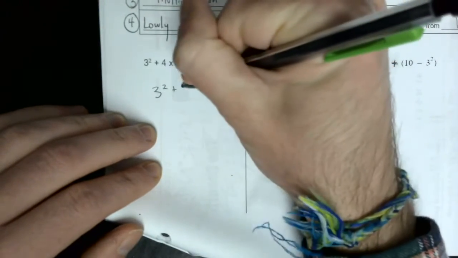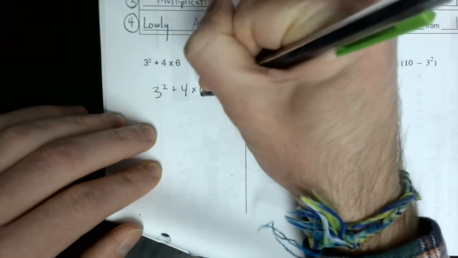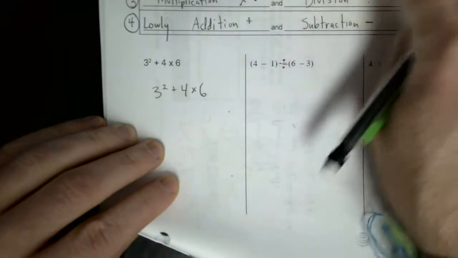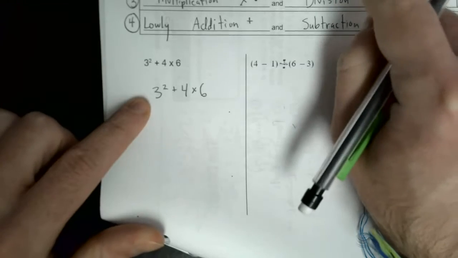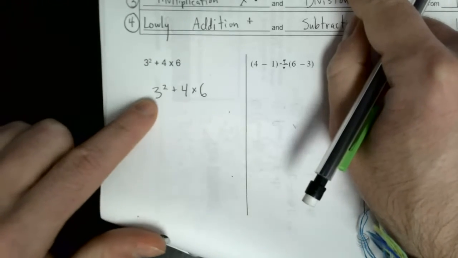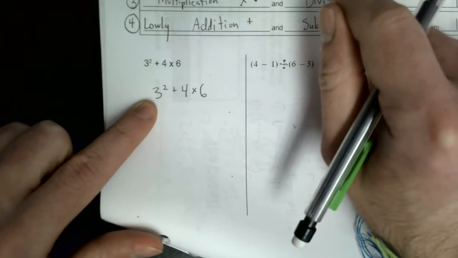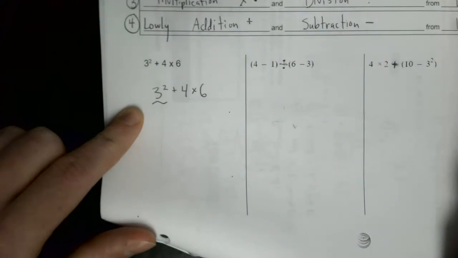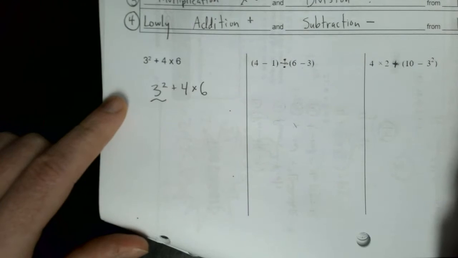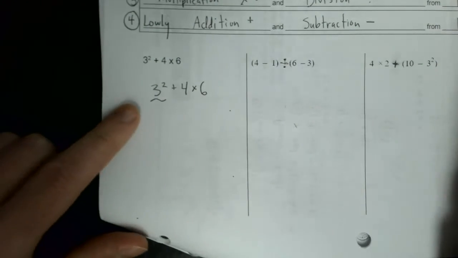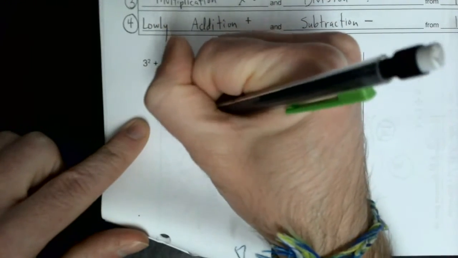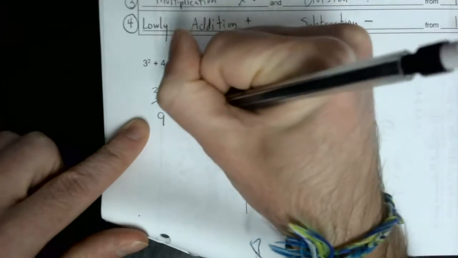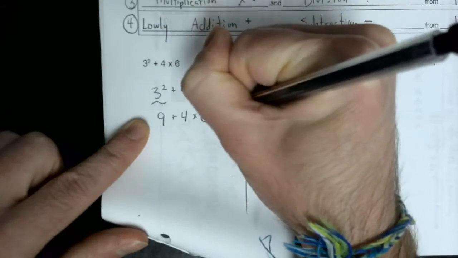3 squared plus 4 times 6. What's nice is you have the cheer up here. Parentheses, nope. Powers and roots, you bet. There's an exponent right here, so we'll squiggle that. 3 squared, of course, means 3 times 3. We're multiplying 3 twice. 3 times 3, which is 9. That's a square number. Plus 4 times 6.